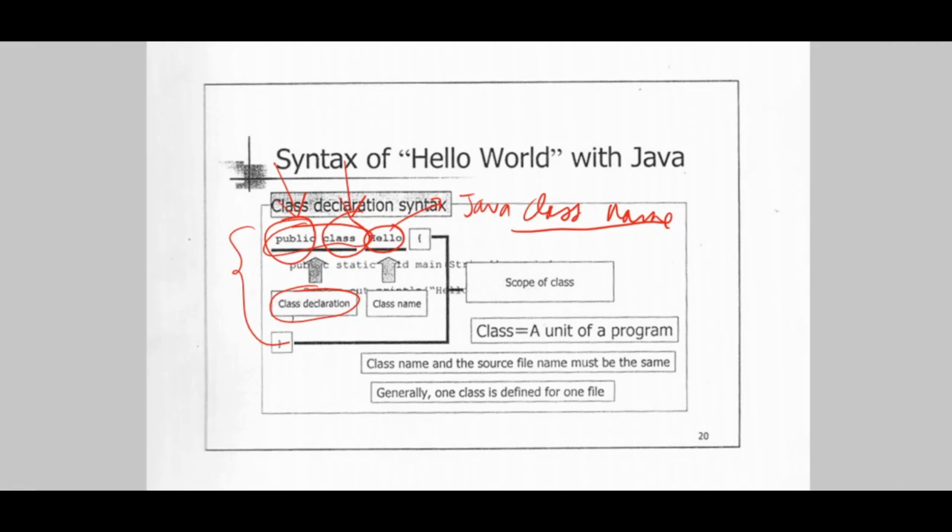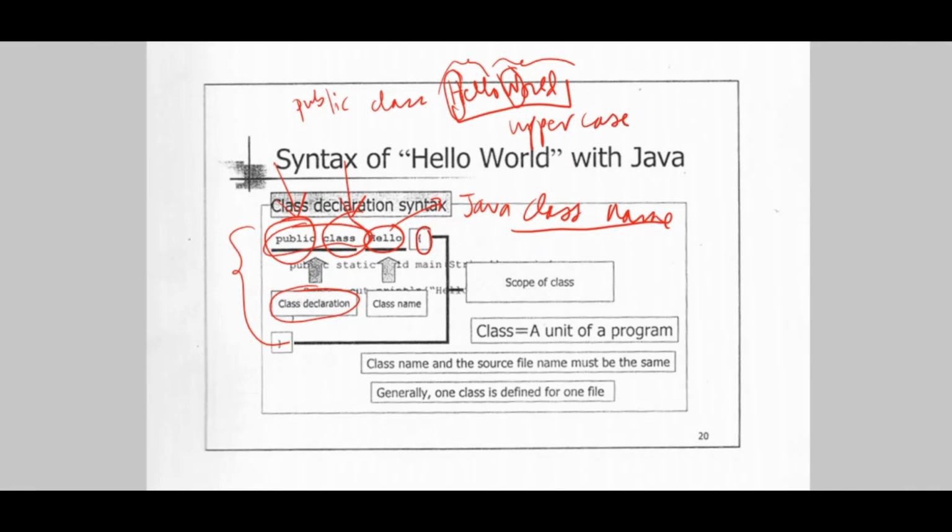So for example, if the Java class has the name Hello World, then the declaration would look like this: public class HelloWorld. That is the Java class name, and it consists of 2 words, hello and world, and each first letter of every word is in uppercase or capital letters.